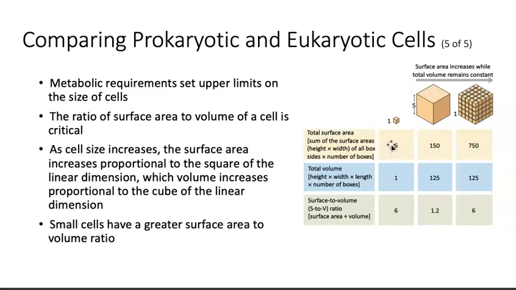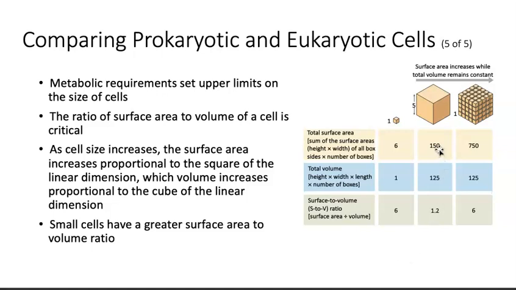If we look at one block that's 1 by 1 by 1, the surface area is 6, but the volume we'll call 1. So the surface to volume ratio is 6 to 1, or we say that's 6.